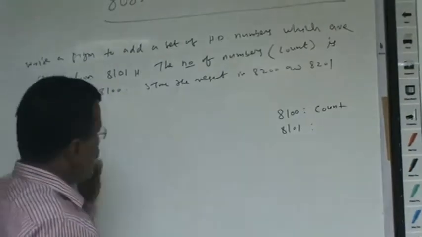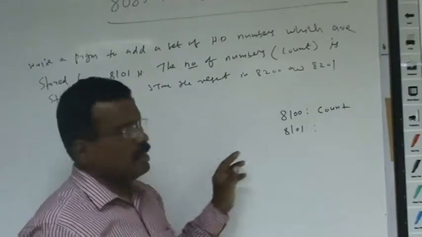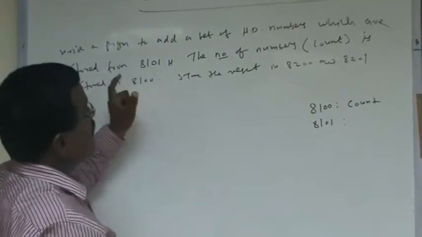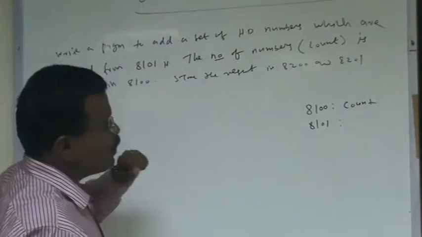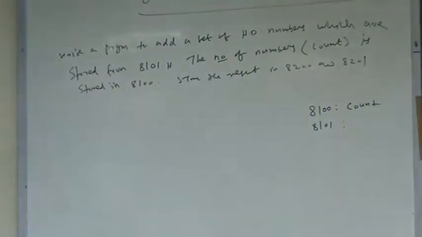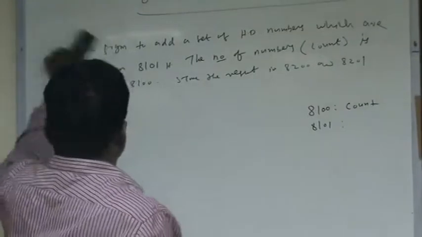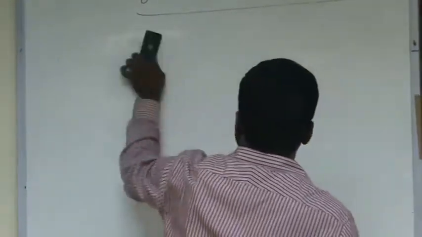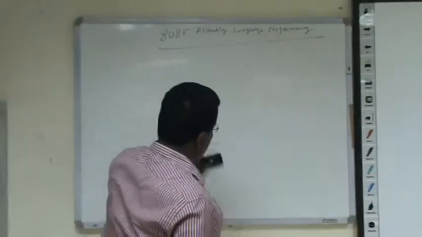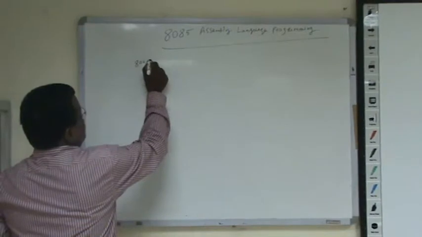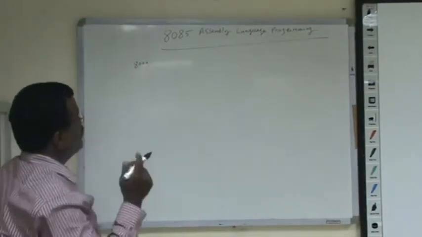Now we have to write a program to fetch the count as well as the data, add all the set of numbers and store the result at the memory location of 8200 and 8201. Let us start. The program area is 8000.